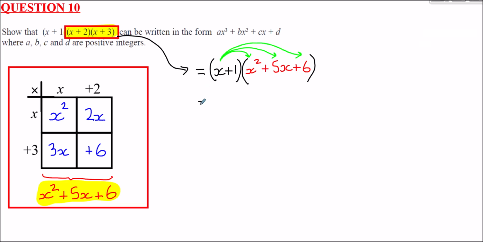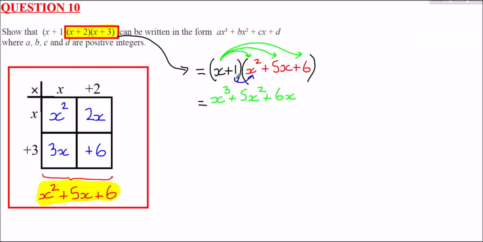And so what I'll have here, by multiplying the black x by all of the stuff which is red, x times x squared will give me x cubed, x times 5x will give 5x squared, x times 6 is 6x. I then do exactly the same thing to the 1.